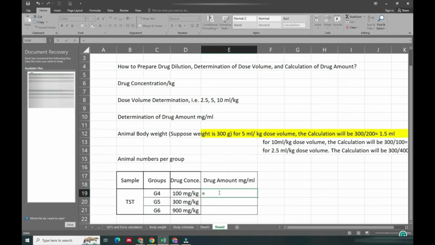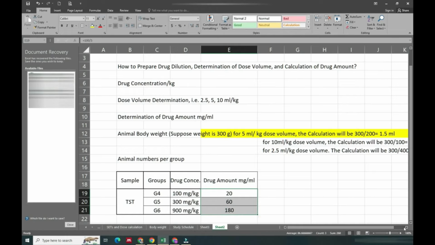Whatever the drug concentration amount is, that should be divided by the dose volume. This is the rule. This way you can easily determine the drug amount in mg per ml. Here you can see 900 divided by 5 gives 180 mg. So now you have calculated mg per ml.